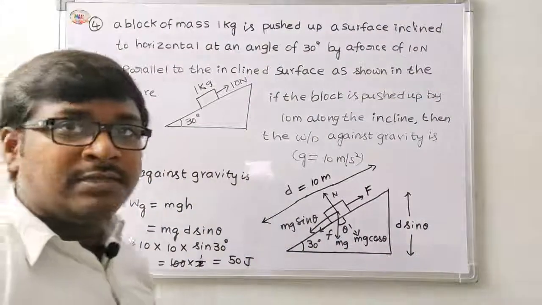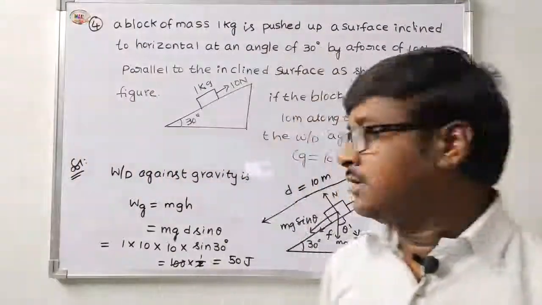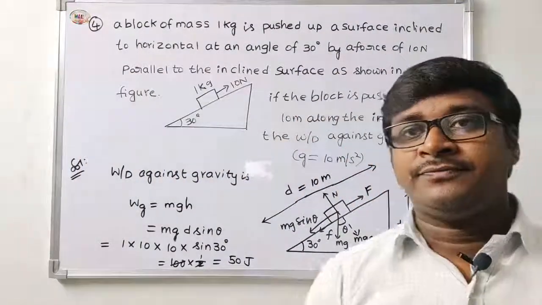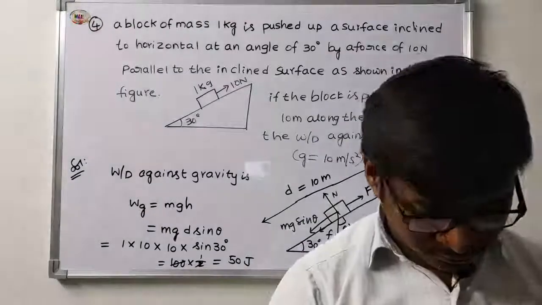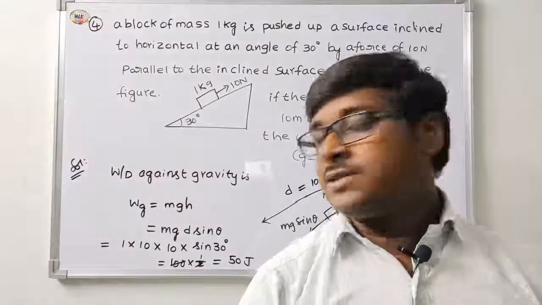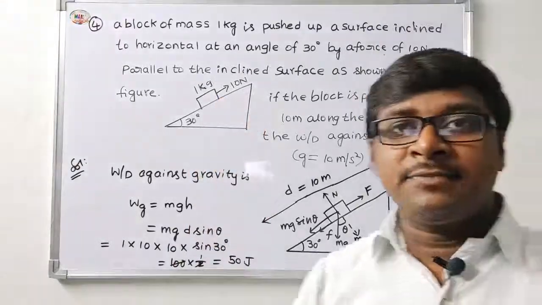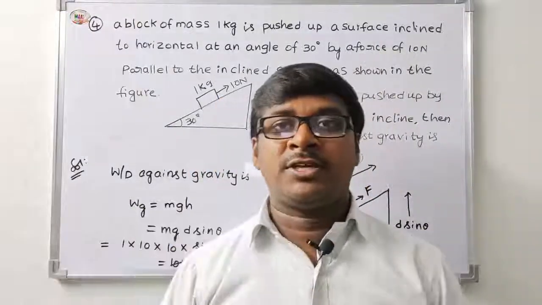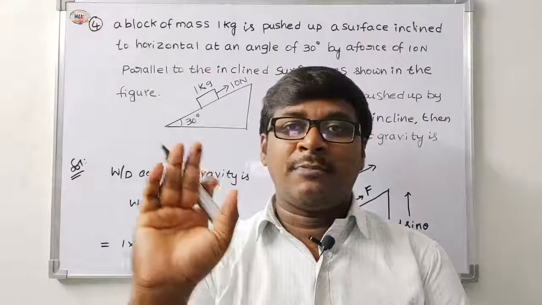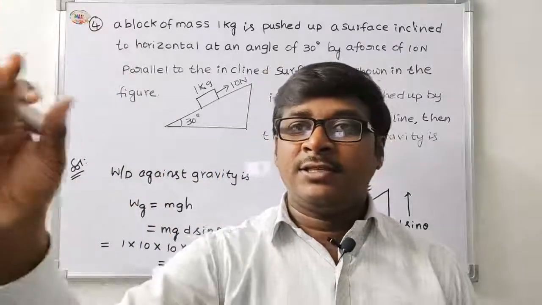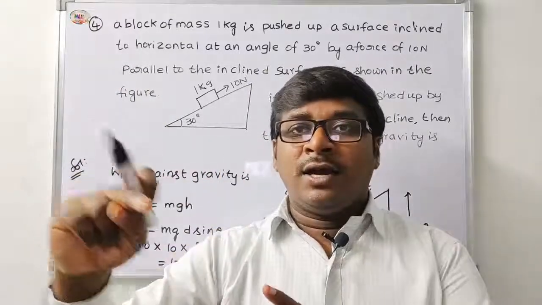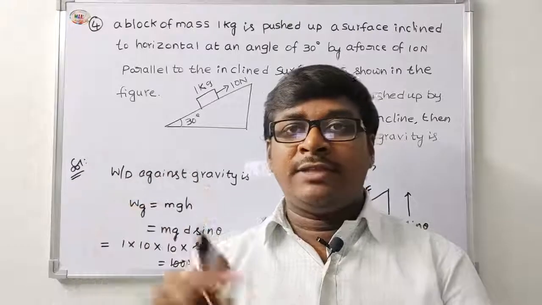This is a very important problem. In this condition, the block is moving in upward direction, that is the force applied in upward direction, and the block and inclined plane are in contact with each other.